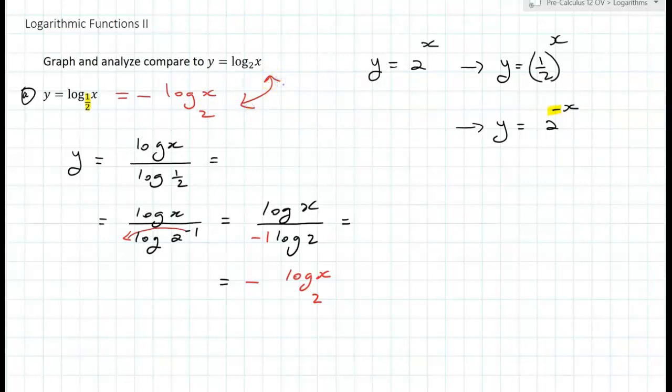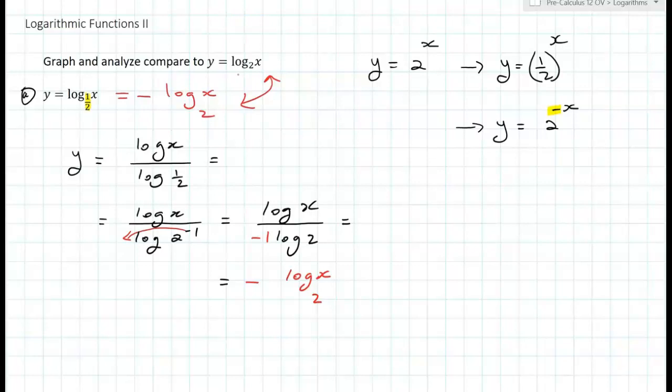And now look at the difference between the two. Okay, so here the log function is the inverse of y equals 2 to the x, and when we did the half, the base became a fraction between 0 and 1. It was a reflection over the y-axis, but for the log, because it's the inverse, this would be the reflection over the x-axis.